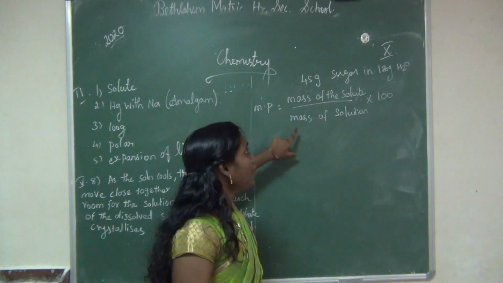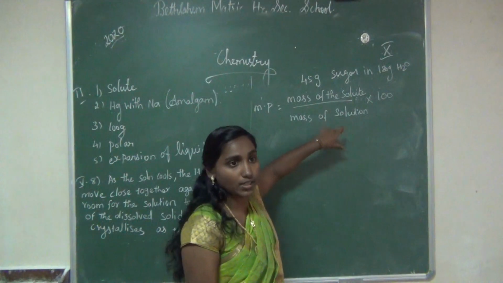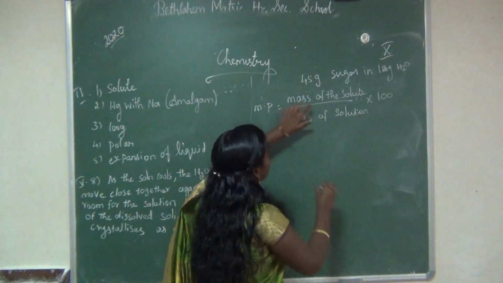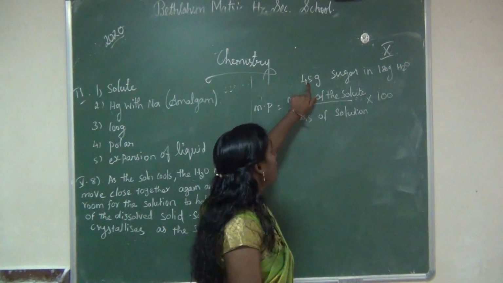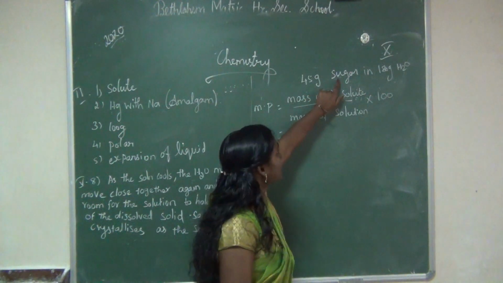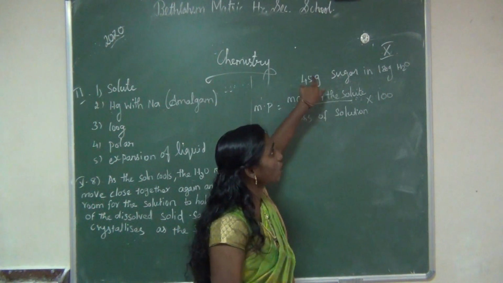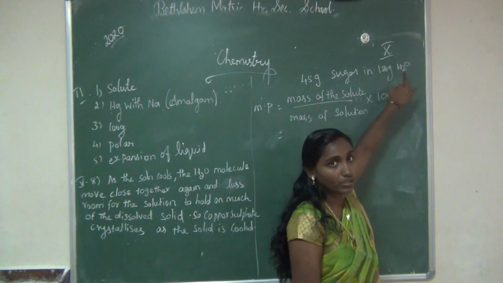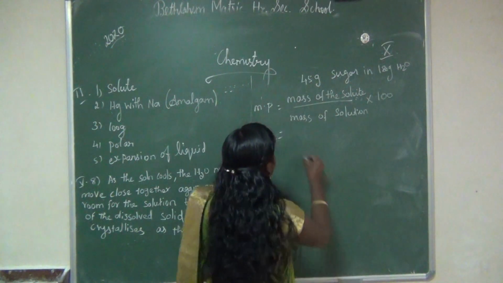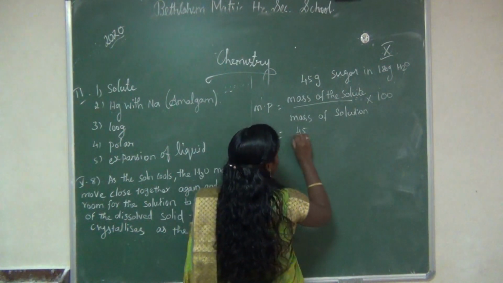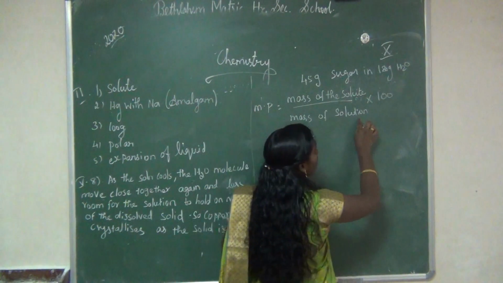The next step, we are going to apply the values. So mass of the solute, how much? 45 gram. Here in this question, sugar is the solute and water is the solvent. So sugar 45, divided by the mass of the solution.